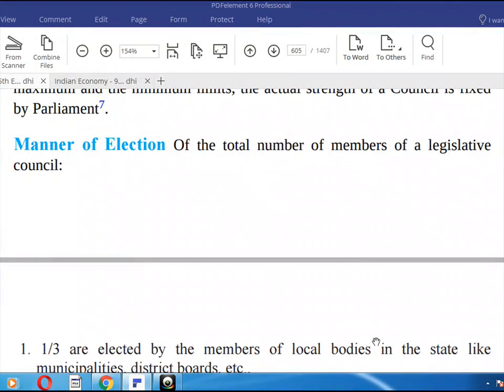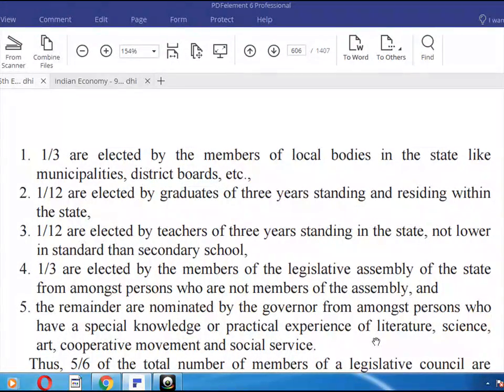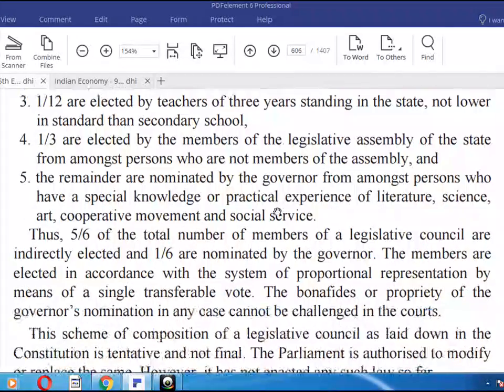Manner of election. Of the total number of members of the Legislative Council, one-third are elected by the members of the local bodies in the state, like municipalities, district boards, etc. One-twelfth are elected by graduates of three years' standing residing within the state. One-twelfth are elected by teachers of three years' standing in the state, not lower than the standard of secondary school.